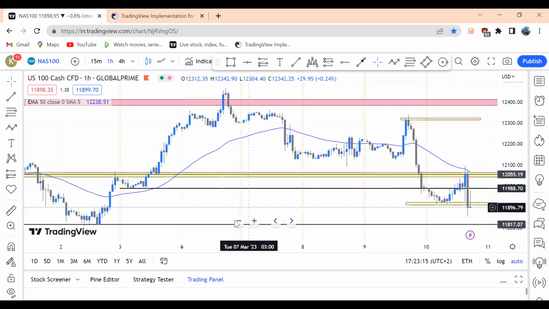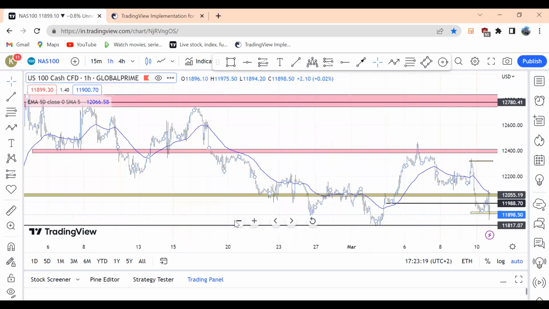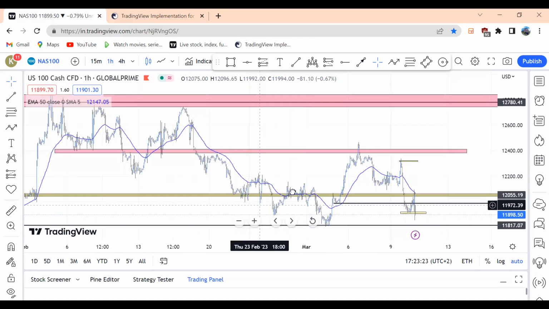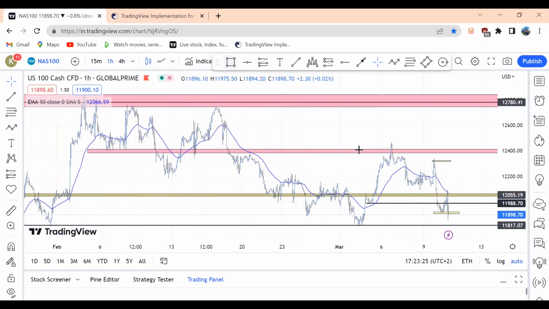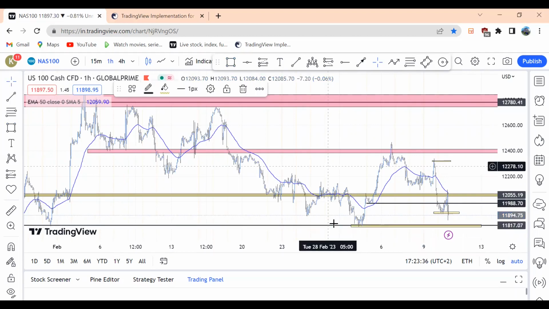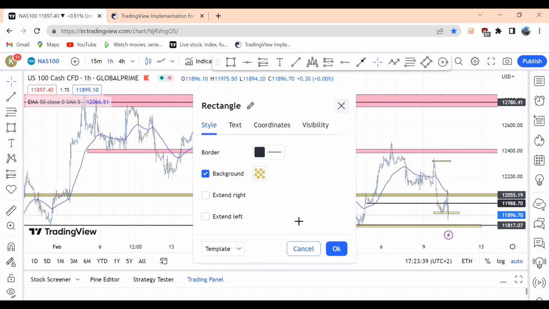But what I am expecting when the market finally opens on Monday, I'm expecting a reaction of the support I'm currently putting now, the yellow support level.